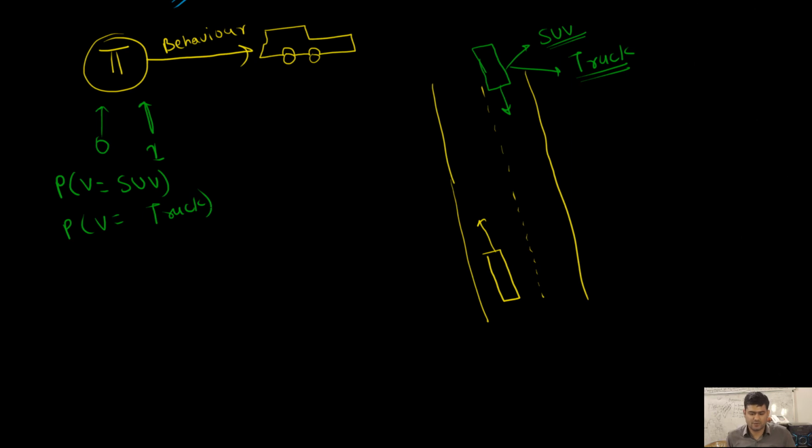So your behavior policy can take the probabilities into account, and it can decide at the next cycle that it again wants to compute whether this particular vehicle is a truck or an SUV, so that it can decide the behavior of the vehicle accordingly. For example, if it's a truck, perhaps you might want to move towards the left side, and if it's an SUV, perhaps you can just keep on going on the path, because the chances of the SUV coming on your lane is very low compared to a truck.